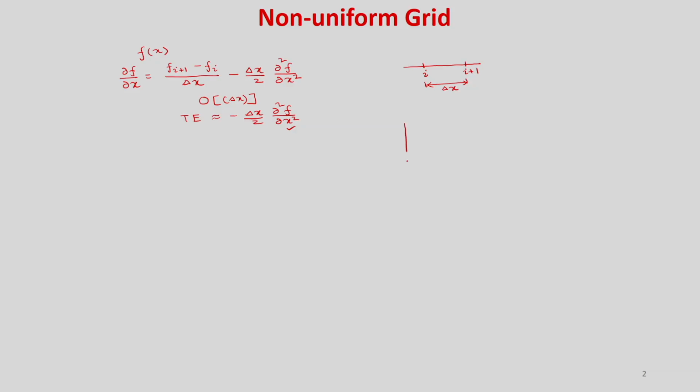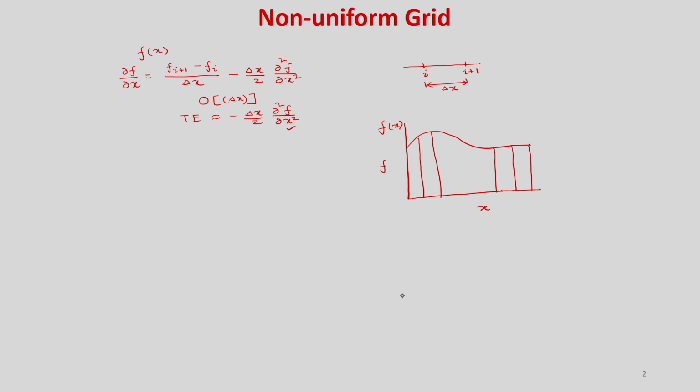Let us say you have an f(x) which varies like this. This is your x and this is your f. You can see that in some regions you have a higher gradient, but in this region you have a smooth gradient.